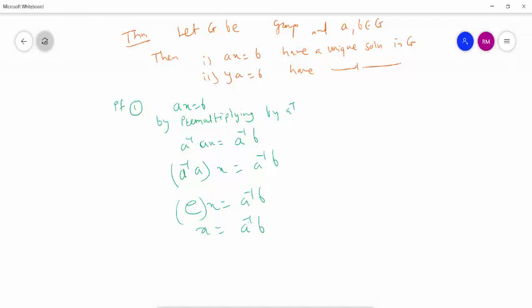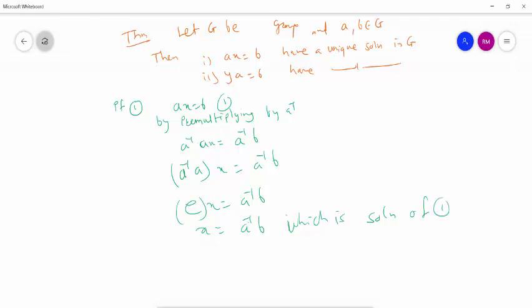So we succeeded to find the value of the unknown x, that is a inverse b, which is a solution. This is as 1.